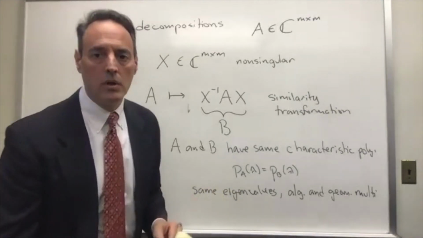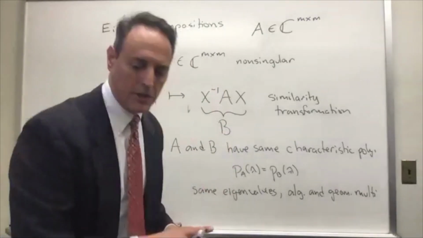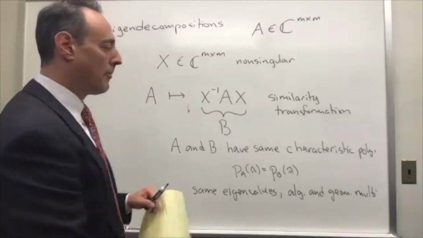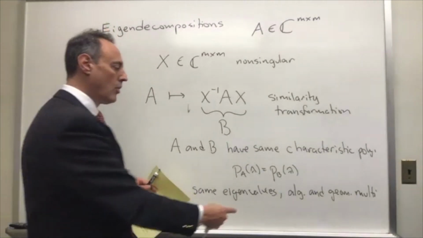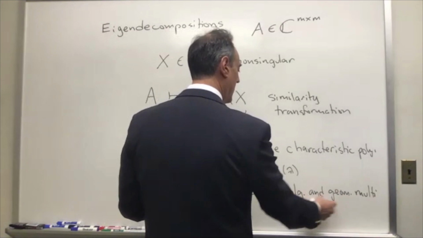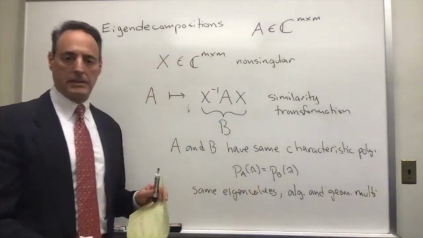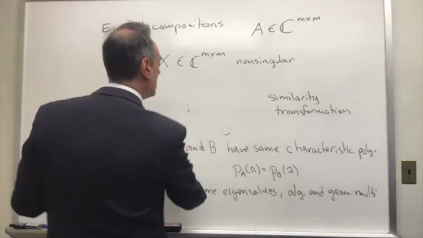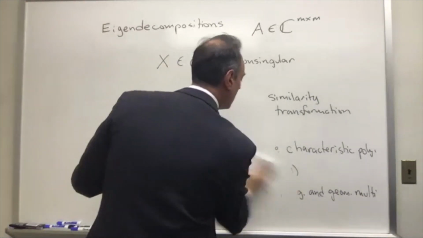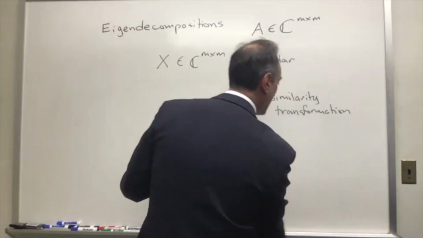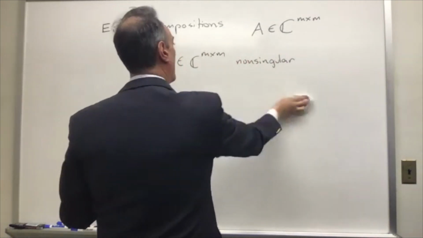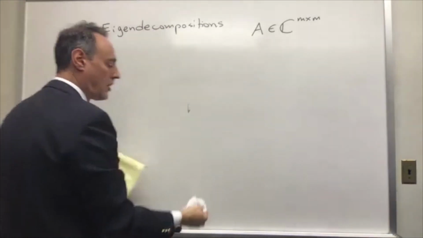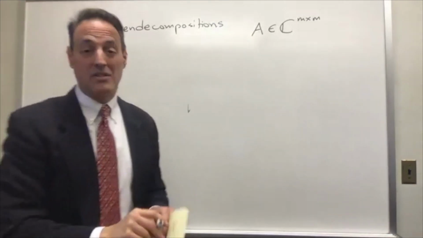Let me give you a couple of examples of simple 3 by 3 matrices, where we can start talking about these algebraic and geometric multiplicities. What we're going to spend time talking about is how we actually go about solving these things, because we want to solve them computationally.